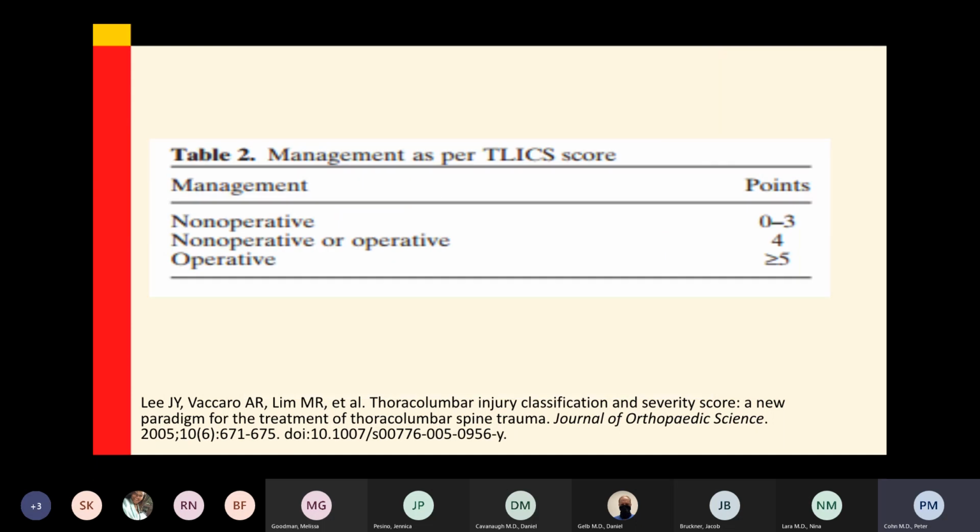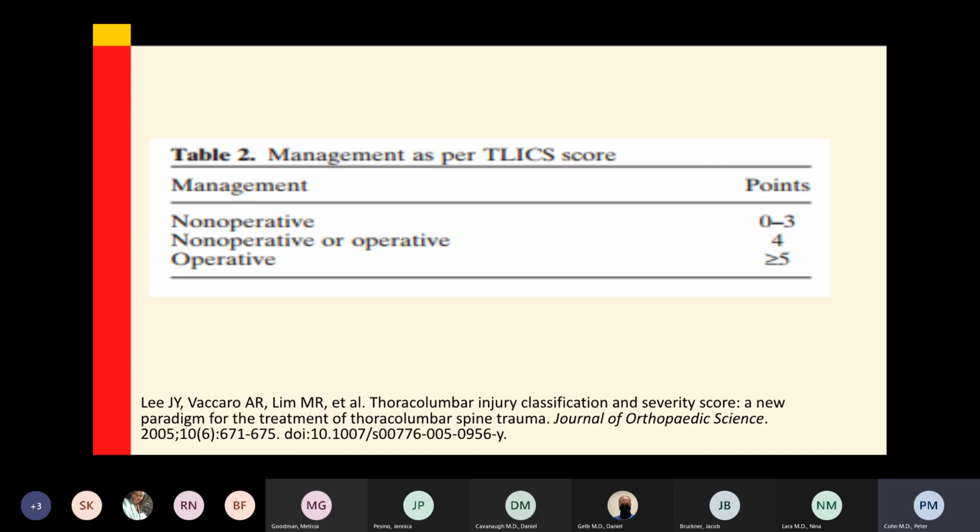Basically, when you add up your points, if you have less than 4, then that patient can be safely considered for non-operative treatment. 4 points is sort of dealer's choice, and greater than 4 points is considered a fracture that would do best with operative management.